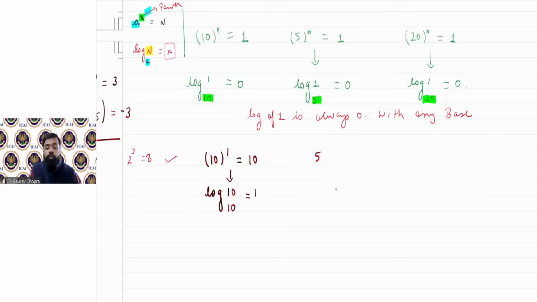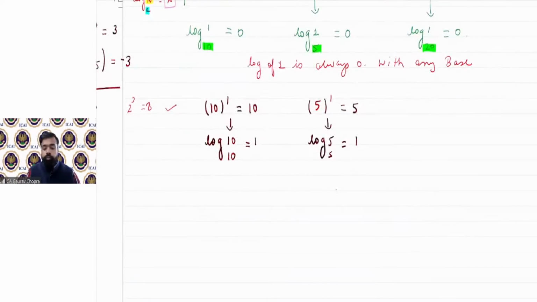If we write 5 to the power of 1, what is the result? It is 5. Then we can say that log 5 base 5 is equal to 1. Similarly, if we write 20 to the power of 1, it is 20. So log of 20 base 20 is also equal to 1.